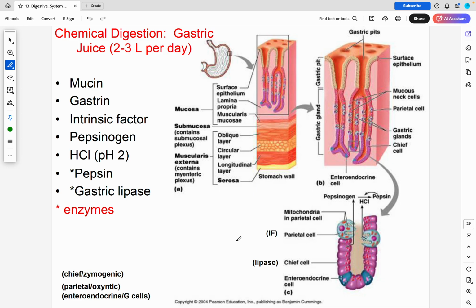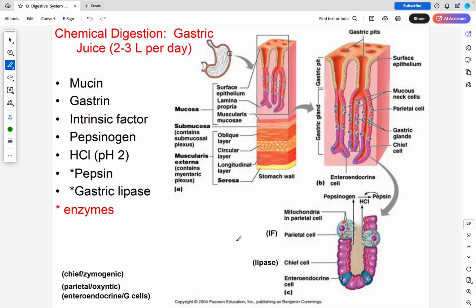Then we have intrinsic factor, which is important in terms of absorption of simple molecules like vitamins.